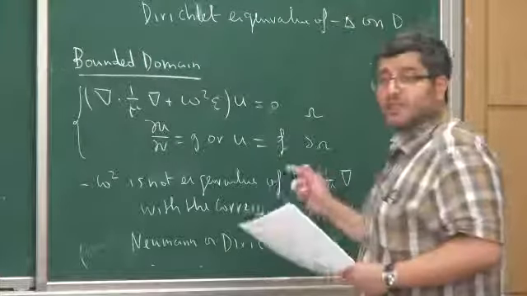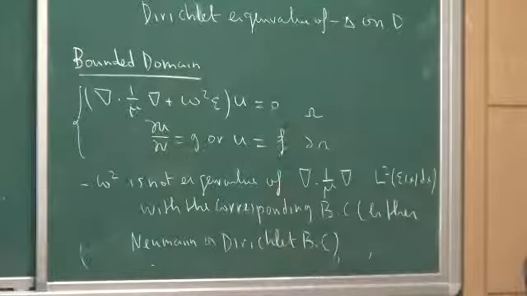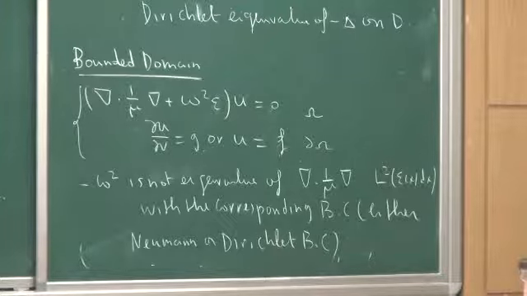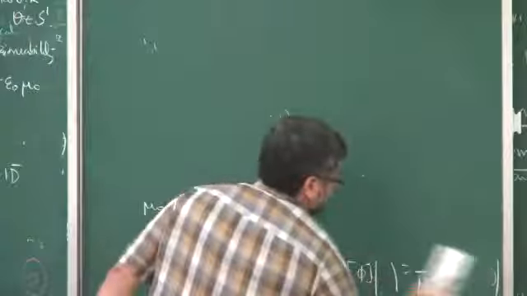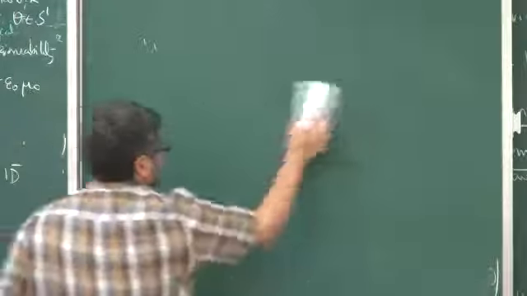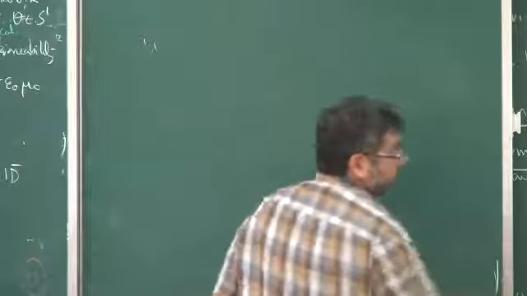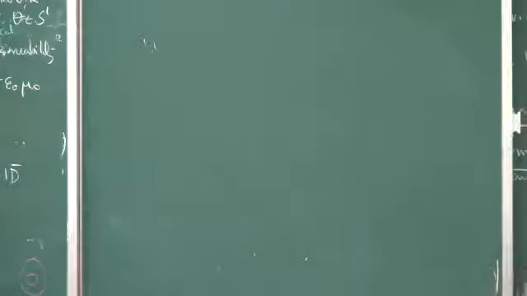Actually, for imaging small inclusions, something interesting happens with these eigenvalues. When we are interested in small inclusions, it's enough to assume that minus omega square is not an eigenvalue of the Laplacian with the corresponding boundary condition.